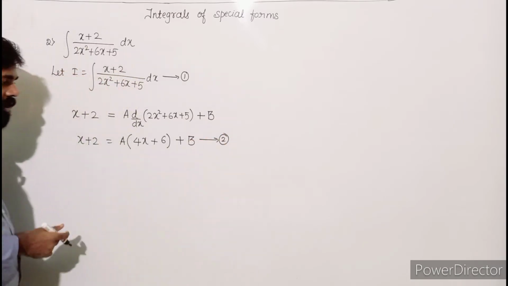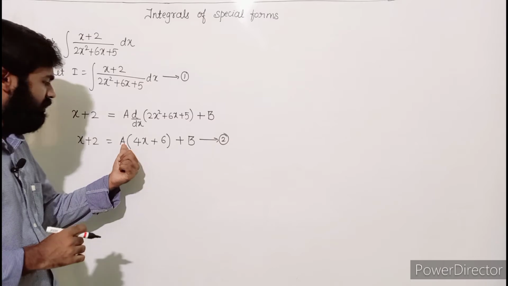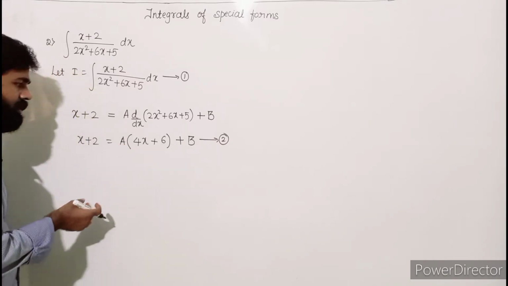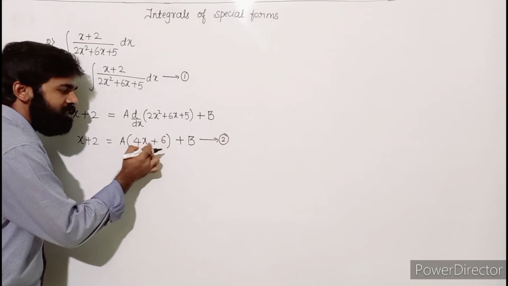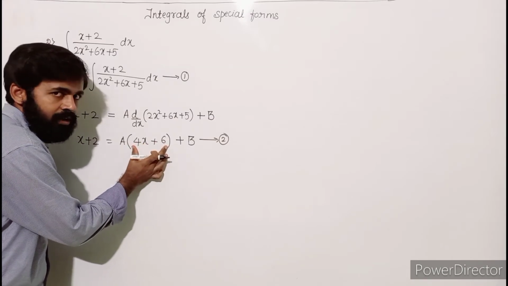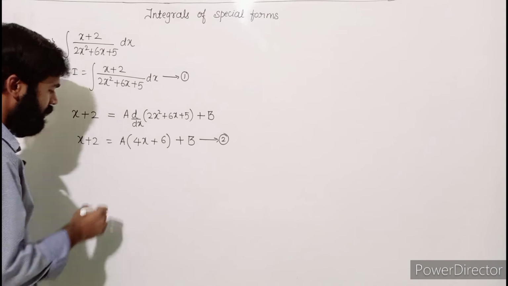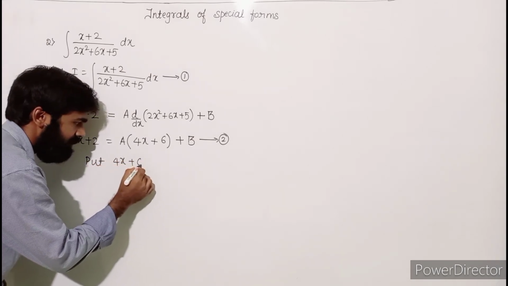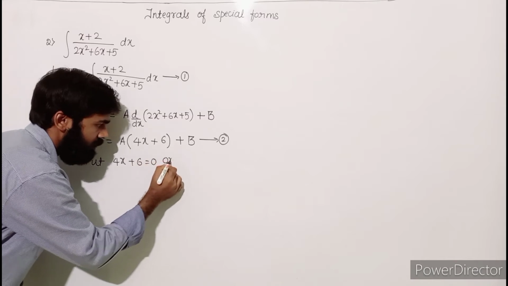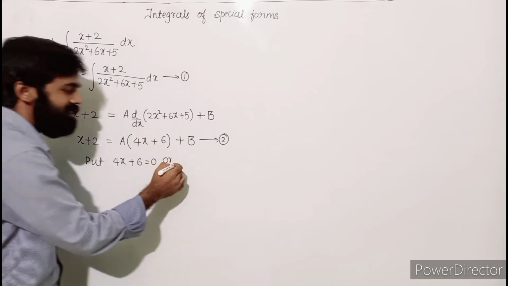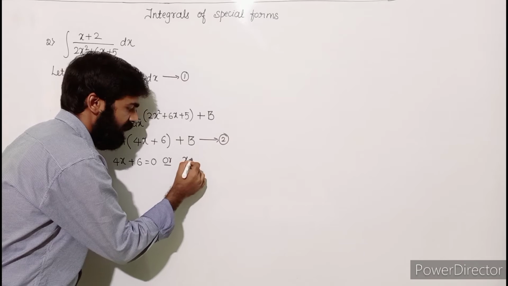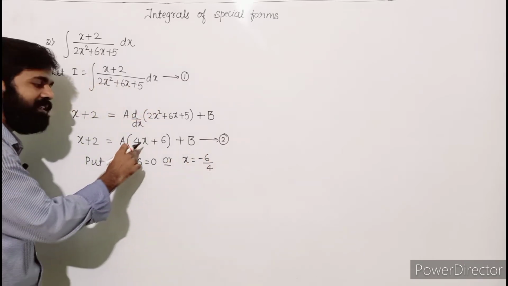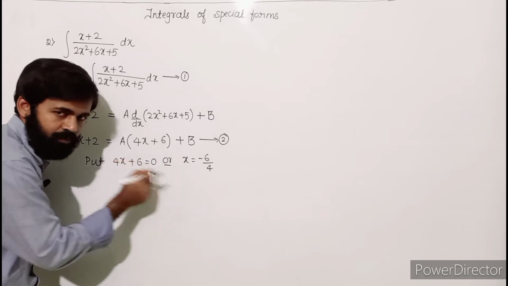Now here I will solve for the values of A and B. For that, I will substitute 4x plus 6, whatever we have here, as 0. Put 4x plus 6 equals 0, plus 6 that side, minus 6. What do you get? x equals minus 6 divided by 4.